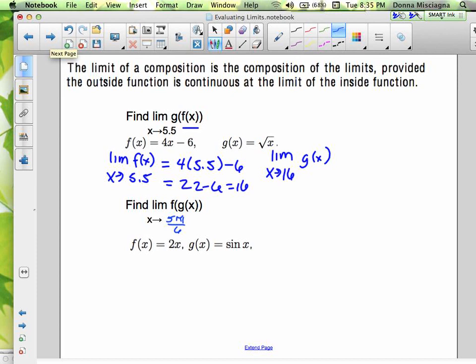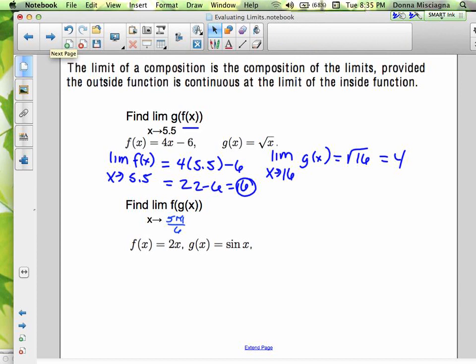So it's going to be the limit at this value for the composite, and that would be the square root of 16, which is 4. We're going to get the same value as if we did this as a composite function.